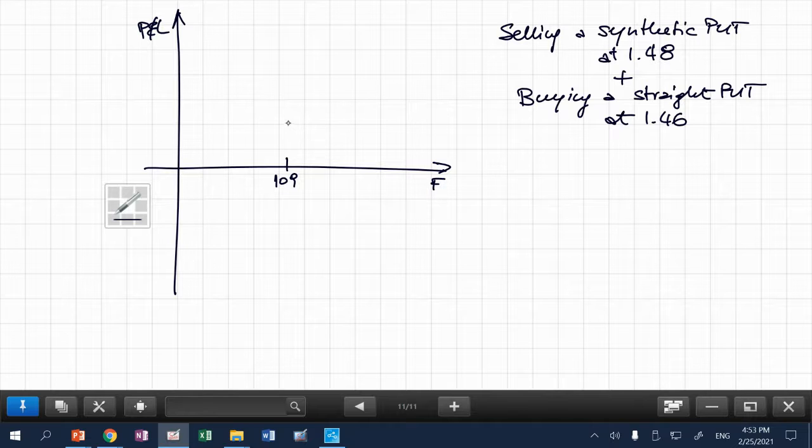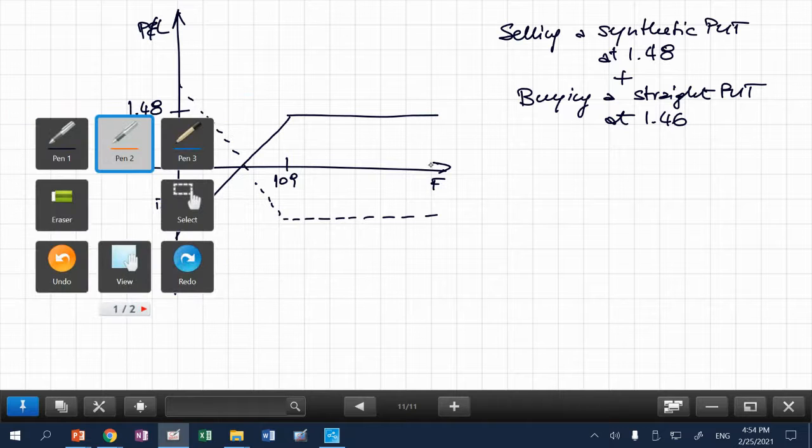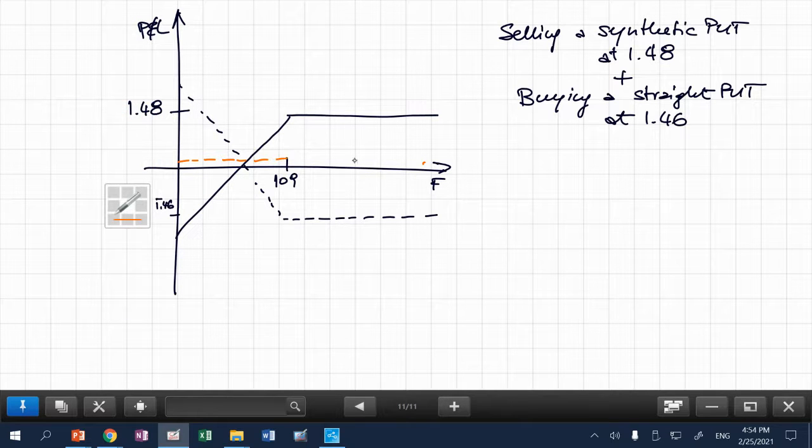On one hand, you are selling a put option in this way with a premium of 148. On the other hand, you are buying a put option where you just pay 146. If you think about it, the combination of the two is that independently of the final value of the future, you just make a profit of 0.02. You have no exposure at all in this case. Have I been clear? You end up with a certain profit for your arbitrage.